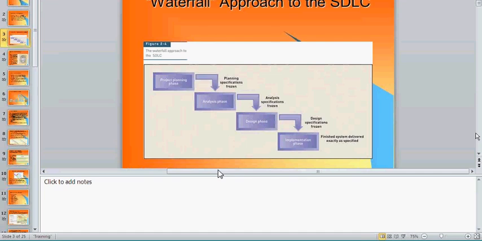Nice. Now look at the waterfall model. Would you say that this is a simplified version of the proposed SDLC? Would you agree with me on that? Yes. Okay. Also, look at it. Is this the flow that typically comes to our mind when we do personal projects?